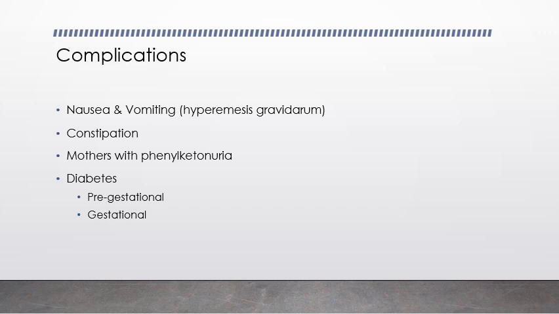Usually phenylketonuria is identified early in newborn life, and those babies are put on an appropriate food source that limits phenylalanine. Babies can grow up to be perfectly healthy adults when they have phenylketonuria. However, we'd have to make some dietary adjustments if a mom has phenylketonuria.